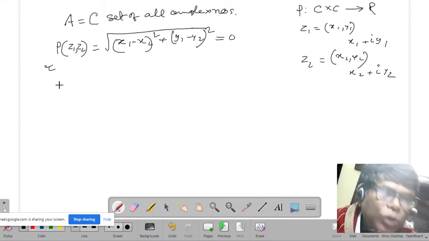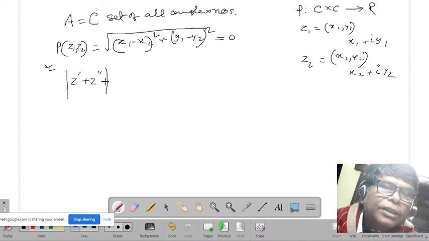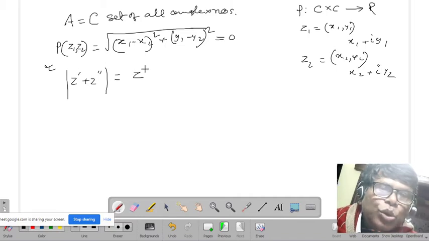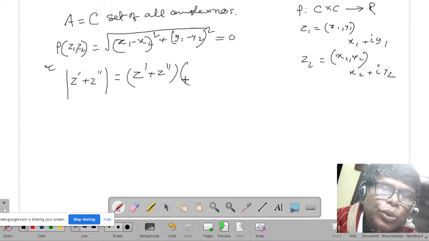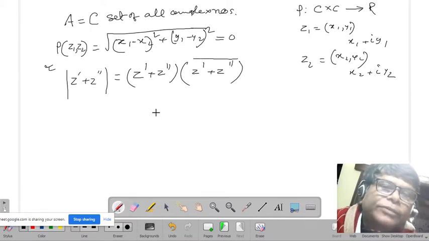But the fourth one you can prove by finding, say, modulus of z dash plus z double dash. You should know this relationship from your knowledge: z dash plus z double dash into z dash plus z double dash, its complex conjugate.